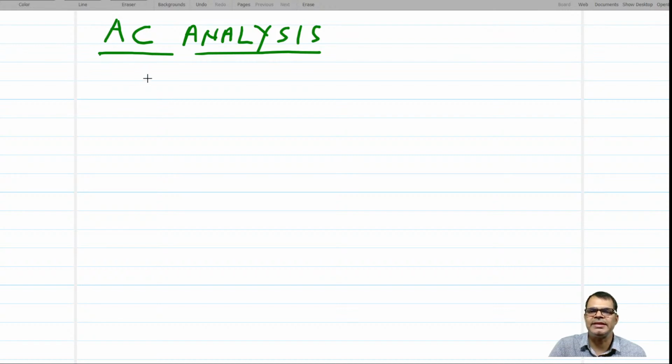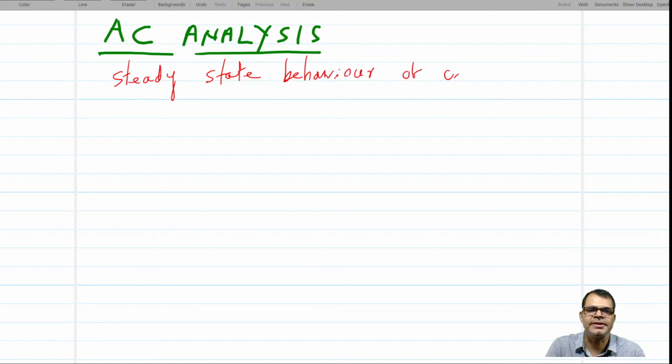AC analysis is the steady state behavior of a circuit when we apply a sinusoidal input.